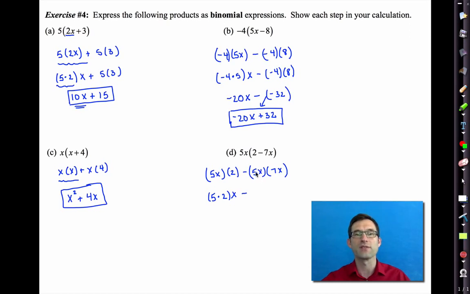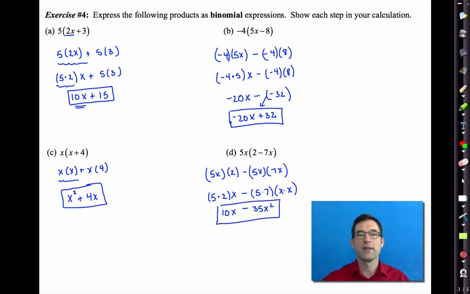We actually have four things, 5x, 7, and x. So I'm going to do the 5 times the 7 and x times x. Associative and commutative properties being used there. 5 times 2 is 10, x. 5 times 7 is 35. x times x is x squared. And that's it.